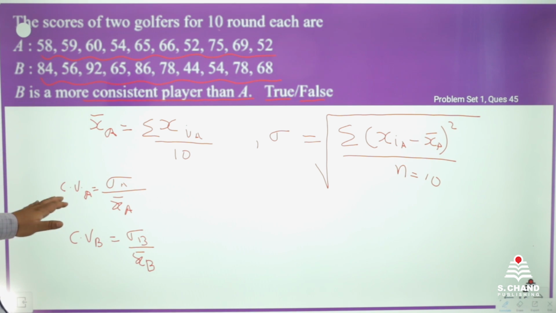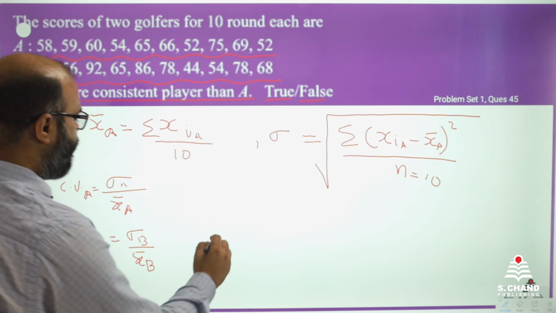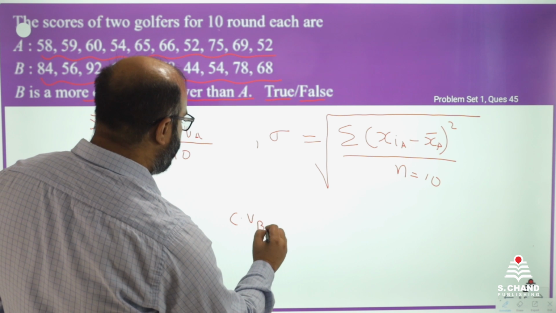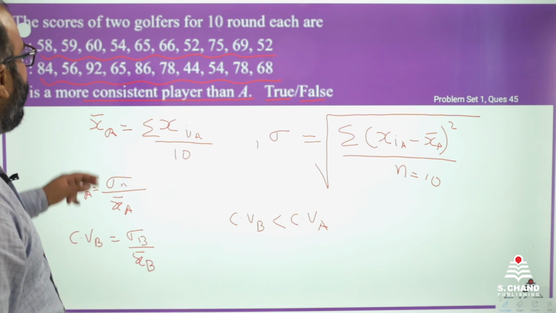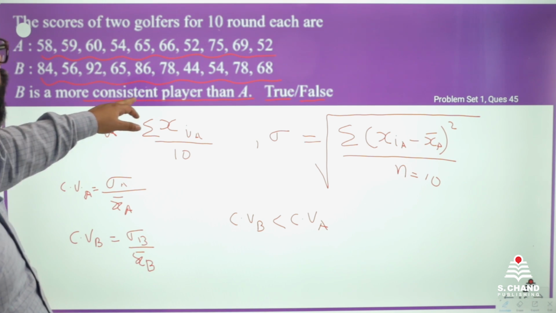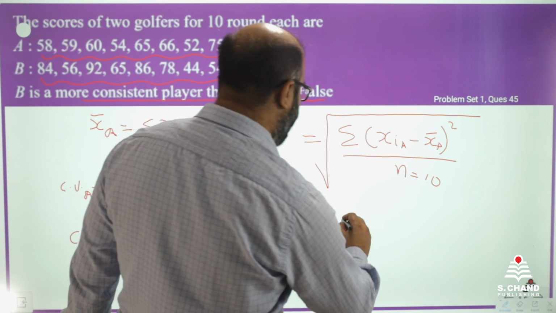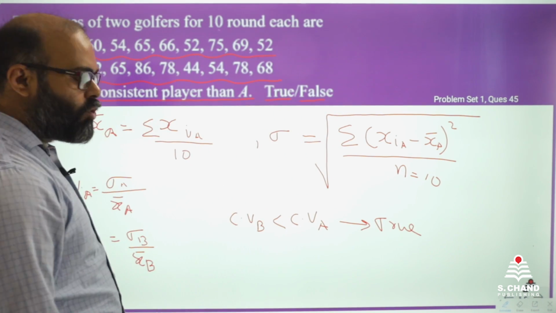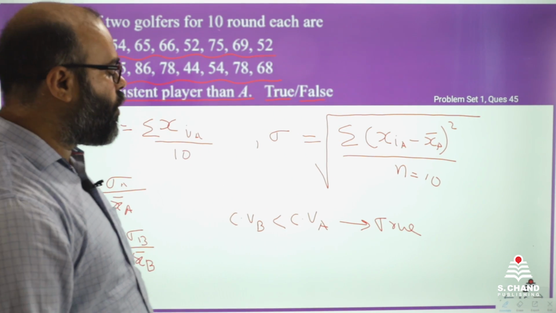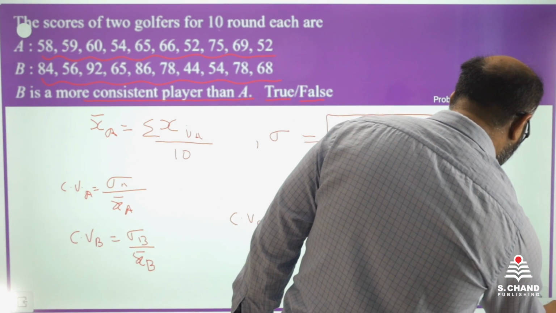If the coefficient of variation of B is less than that of A, then B is the more consistent player because its deviation is less. So the statement is true. But if it is not so, then the statement is false. This is how you will do this question.